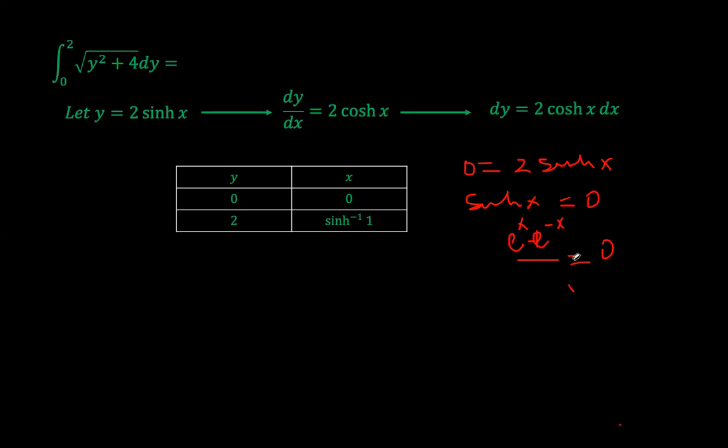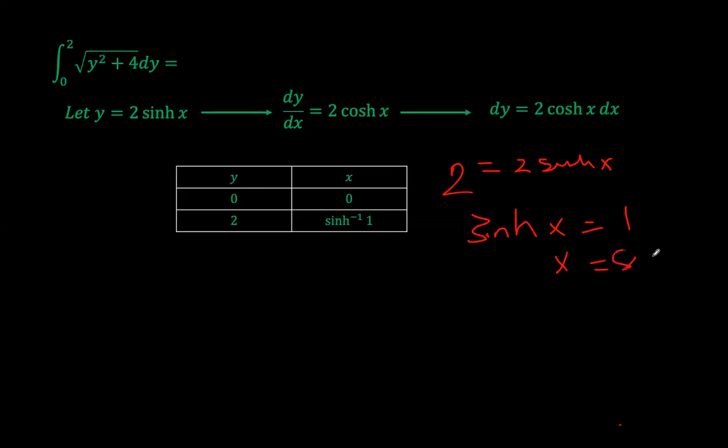And then obviously when y equals 2, what we're doing here is we get 2 here, and 2 divided by 2 means that we have sinh, or hyperbolic sine of x equals 1, and therefore x is equal to the arc hyperbolic sine of 1, and that's what we're left with.